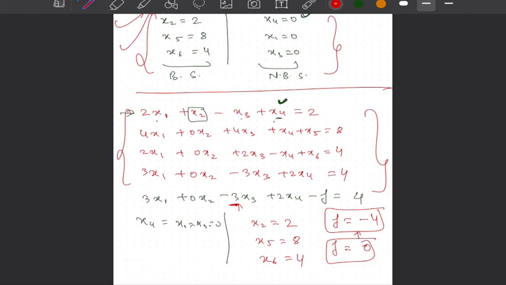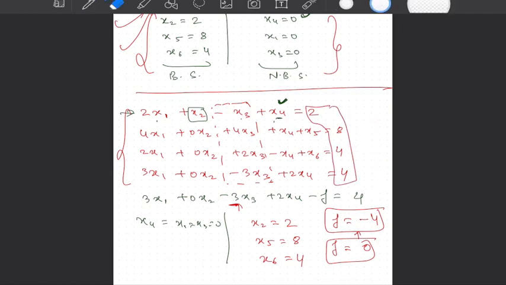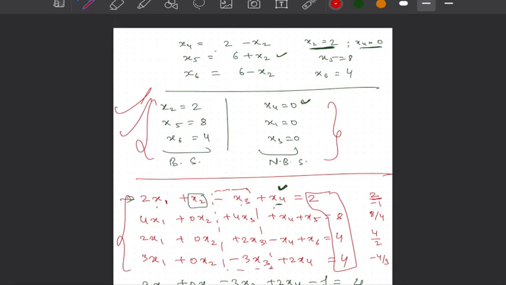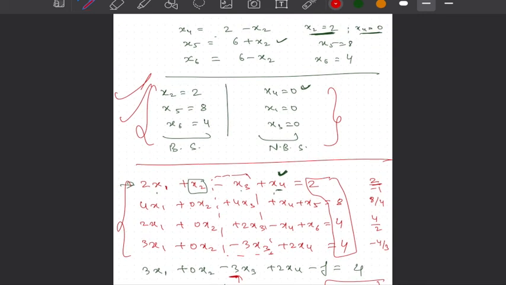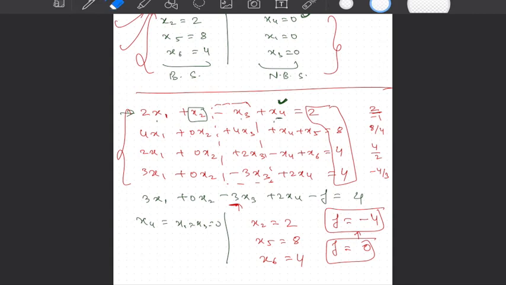So we will look into the coefficients here and these beta terms here. We will calculate the ratios 2 upon minus 1, 8 by 4, 4 by 2, and minus 4 by 3. We learned that when the coefficient is negative, we are least worried because this term is always going to stay positive. Hence we would not look into those, and we take the minimum of these two. Both values come out to be 2.